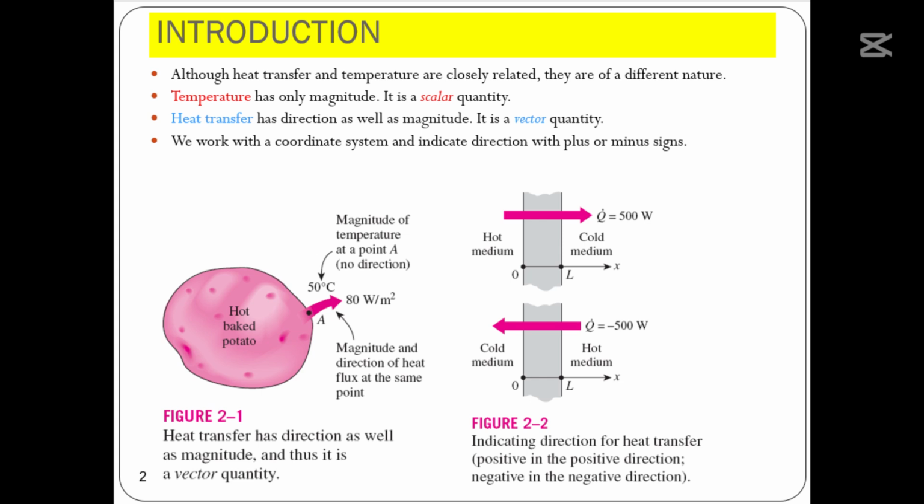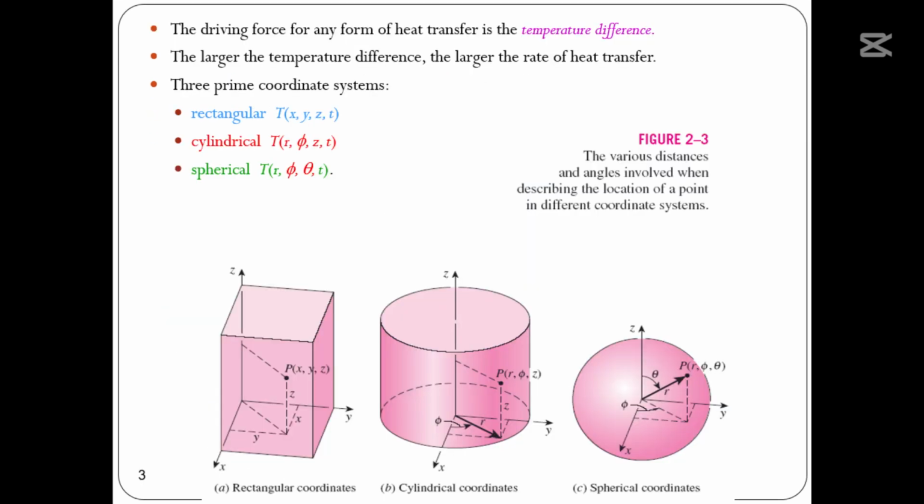Because we are discussing the heat transfer conduction equation, there are three basic systems that can be defined for heat conduction. The rectangular system has the coordinates x, y, z, and t, where t denotes time.